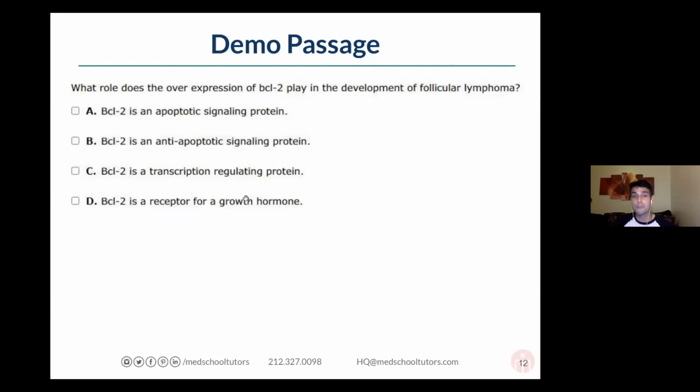BCL2 could be a transcription regulating protein: if it increases transcription of certain key enzymes, it could prolong the life of the cell. Or it could be a receptor for a growth hormone; increased receptors for growth hormones might lead to longer life.